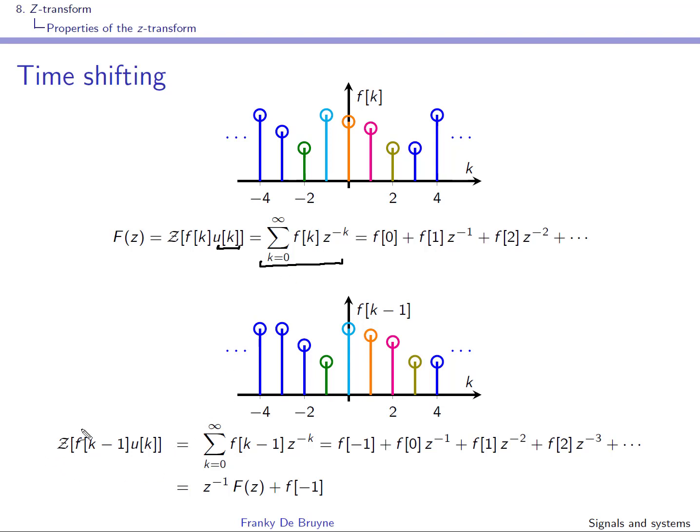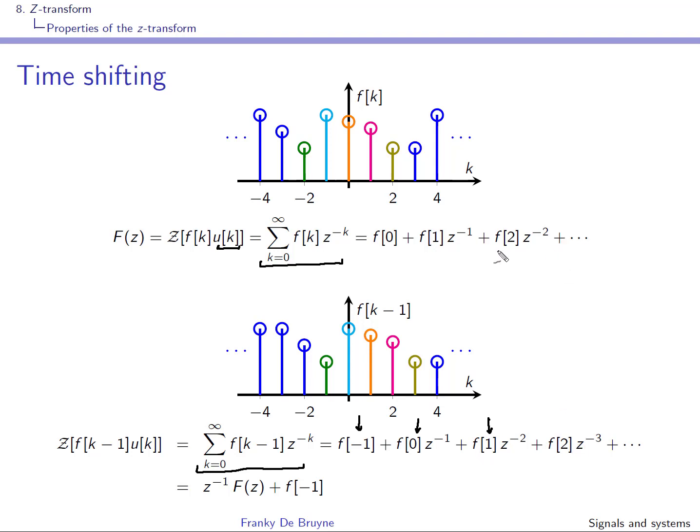So if we take the Z transform, again the one-sided Z transform of this shifted signal, this is what you obtain. And again you can have a look at the different terms. k equals 0, this one, f of minus 1 z^0, k equals 1, this one, f of 0 z^(-1), k equals 2, f of 1 z^(-2), and so on.